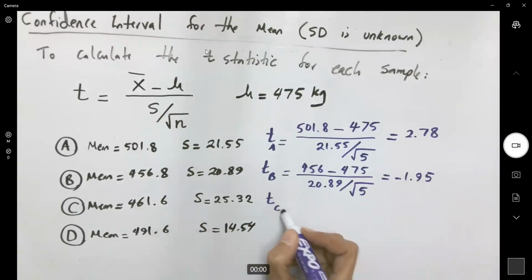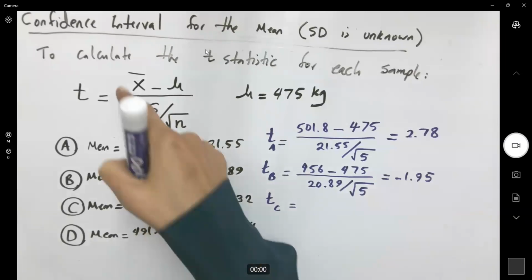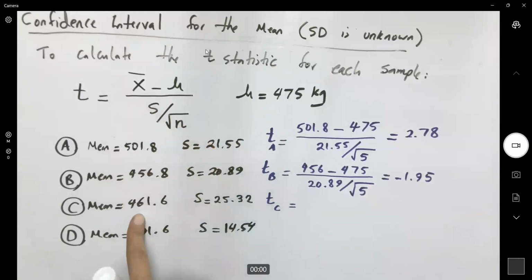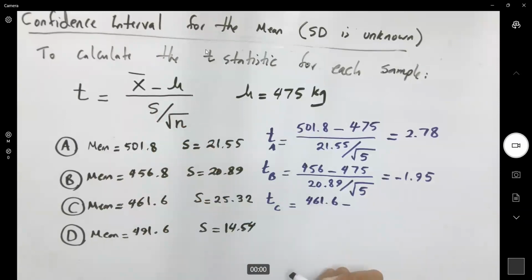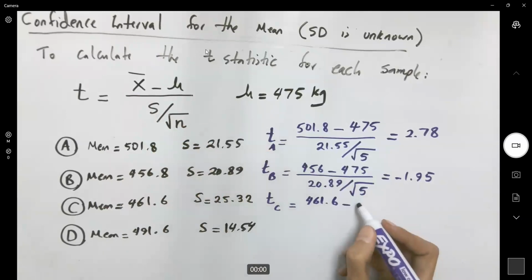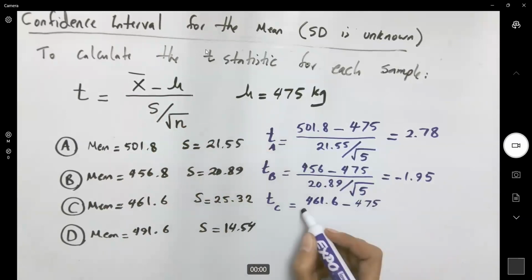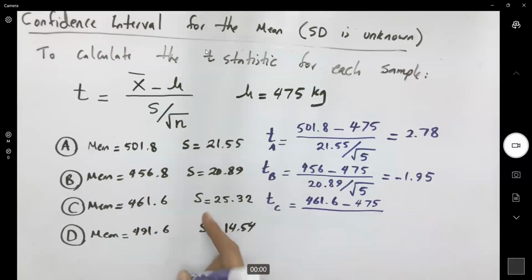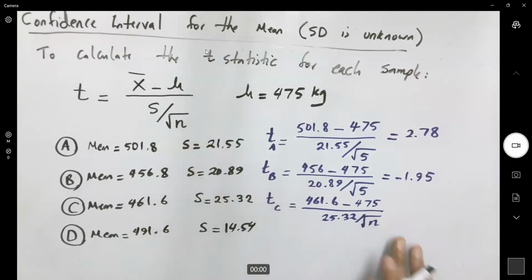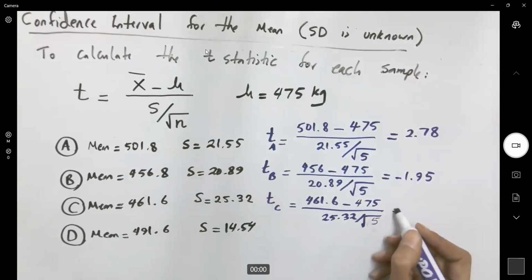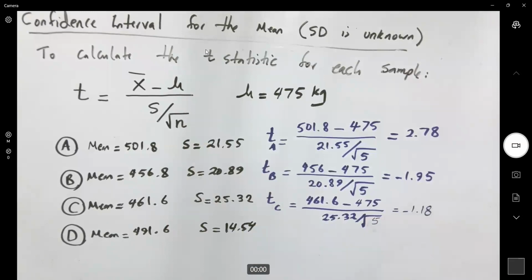What about the third sample? T sub C is equal to X bar, which is 461.6, minus the mean of the population, 475, divided by the standard deviation, 25.32, divided by the square root of the sample size, which is 5. This number is approximately negative 1.18.